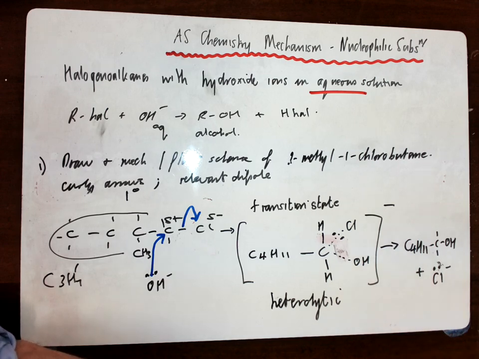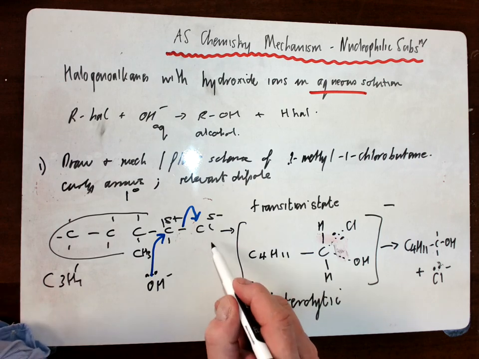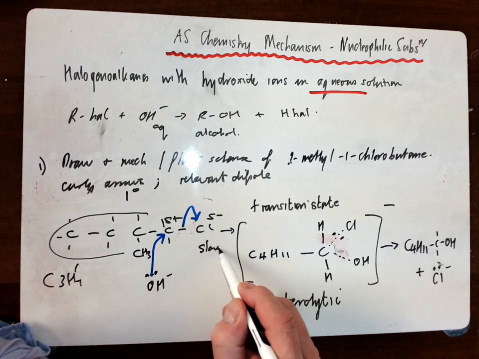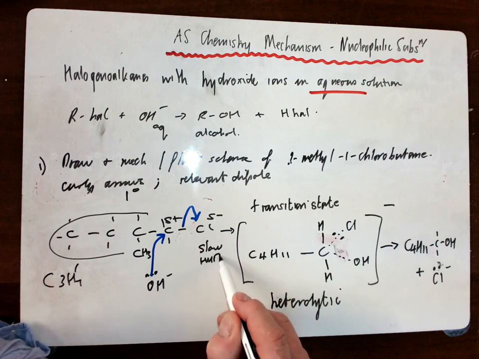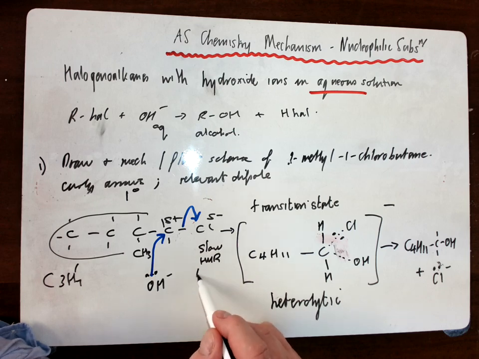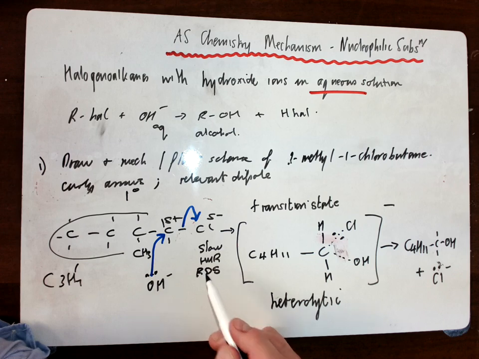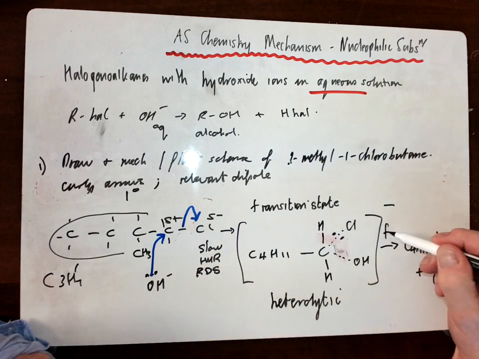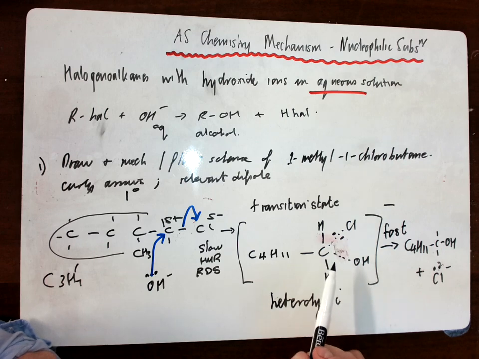Now there are clearly two steps in this reaction. The first one is quite a slow step and it's driven by heat under reflux. It's also called the RDS, or the rate determining step. This is the step that determines how fast the reaction happens. The second step is a very fast step. This intermediate does not hang about for long at all.